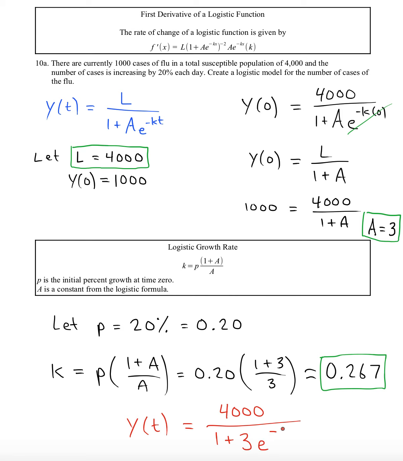You have to get the negative in there. 0.267 t. And it's done.